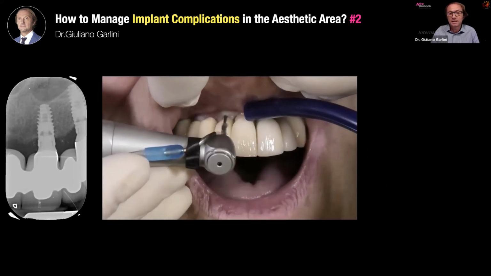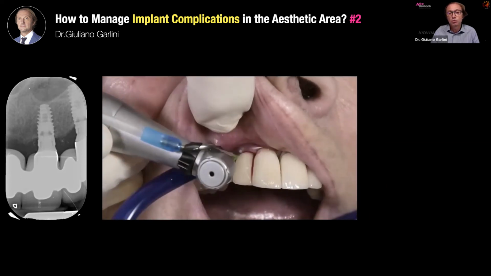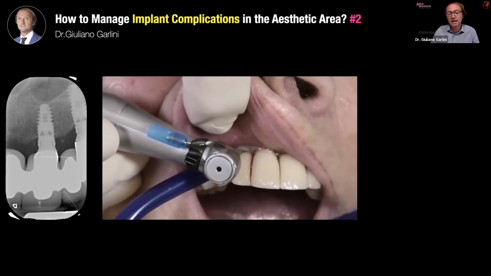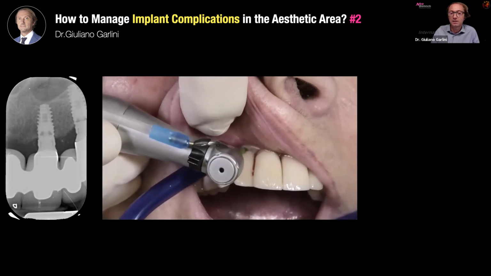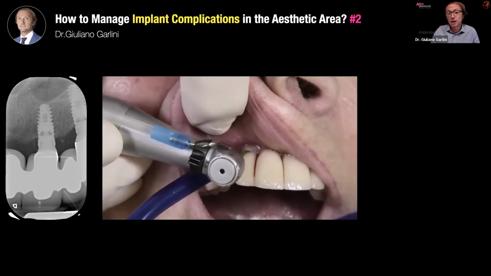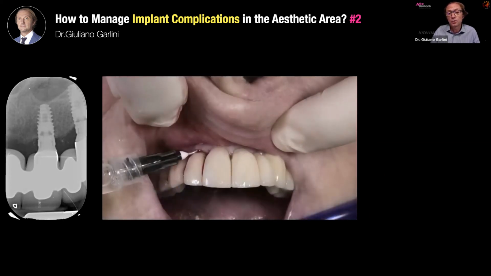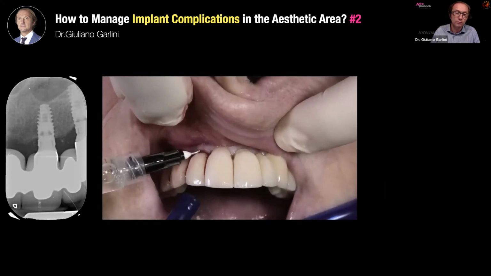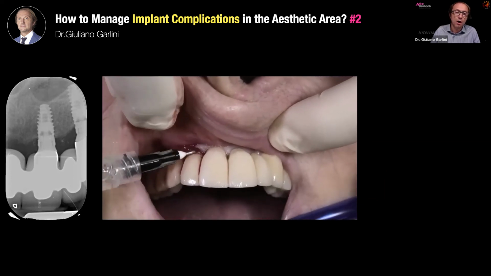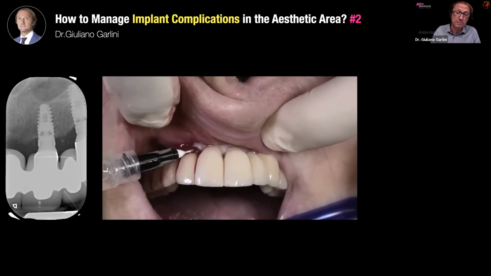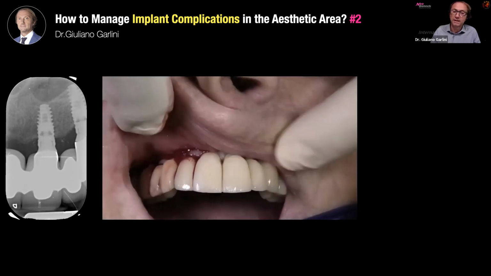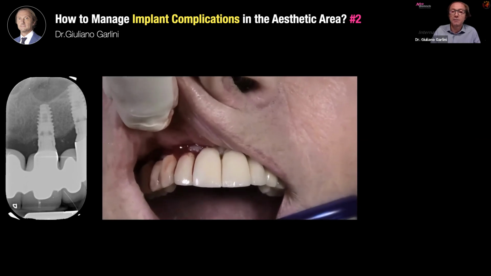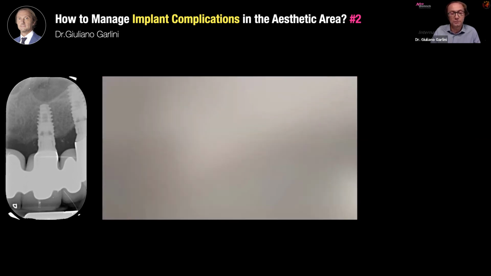This instrument is the eye brush. It works against the implant, but also against the inner part of the soft tissue. And so you can remove all the debris from your implant by using this rotating instrument that is able to clean all the surface.